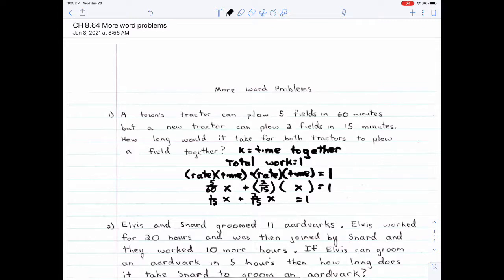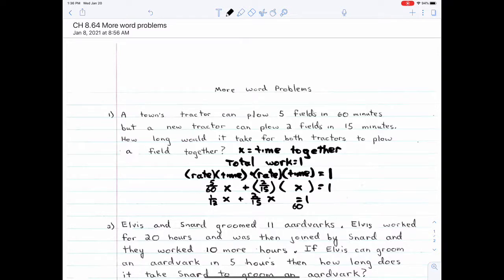So real quickly, hopefully, what's the common denominator for 1/12 and 2/15? Let's see. Yeah, it's just 60. So I'm not going to finish this off, but we multiply both sides by 60.